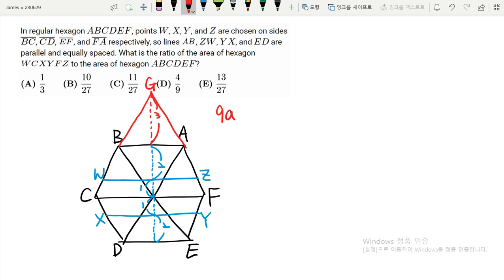In such case, the area of the trapezoid ABWZ is 16A, so that the area of GWZ is 25A to make the ratio of 3 squared to 5 squared.